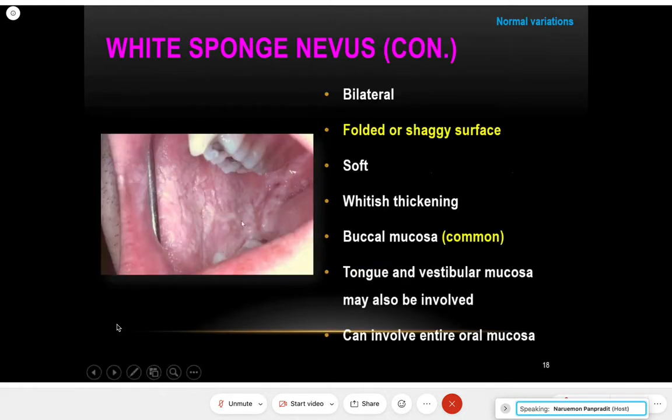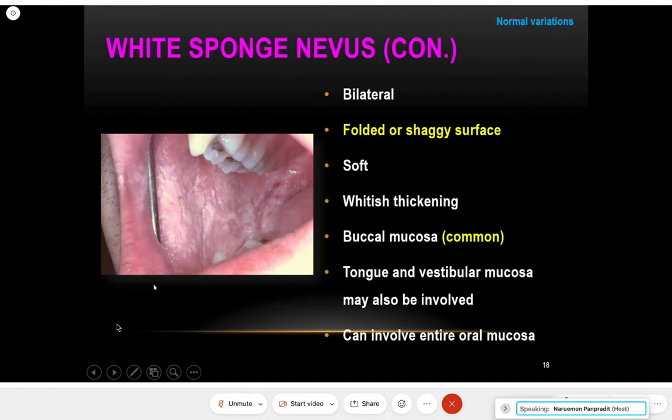Okay, from the picture, when you see the white sponge nevus, it looks like a soft white, but it cannot be wiped off. The surface shows folds or a shaggy surface, and the common area is the buccal mucosa. You notice the margin is blended into the surrounding mucosa.